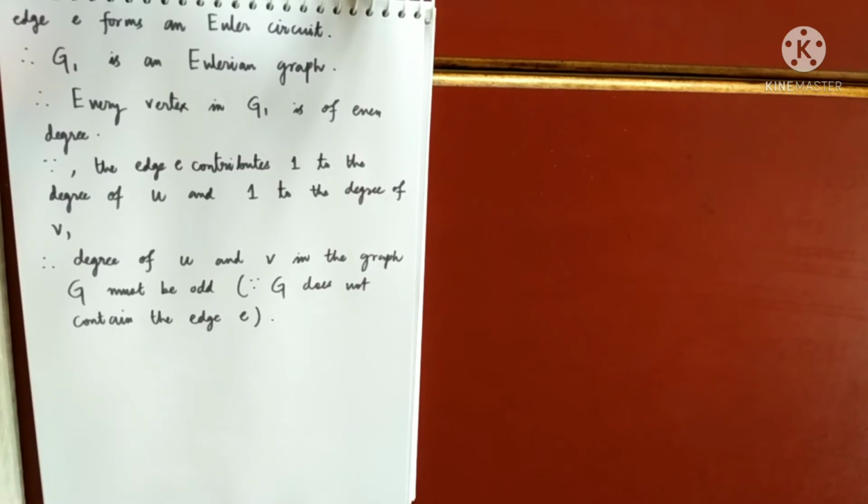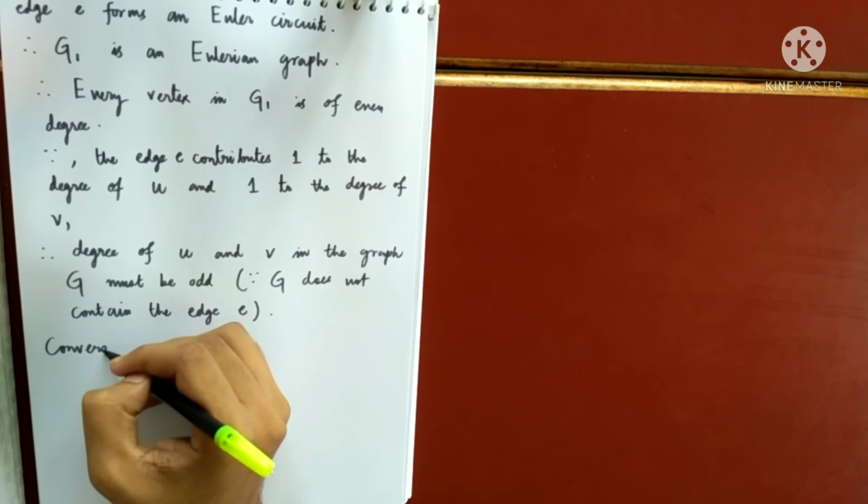If I remove that edge E, their degree will become odd. So the degree of U and V in the graph G must be odd, and this completes the first part. So if my graph has an Euler trail, then the degree of exactly 2 of the vertices must be odd.